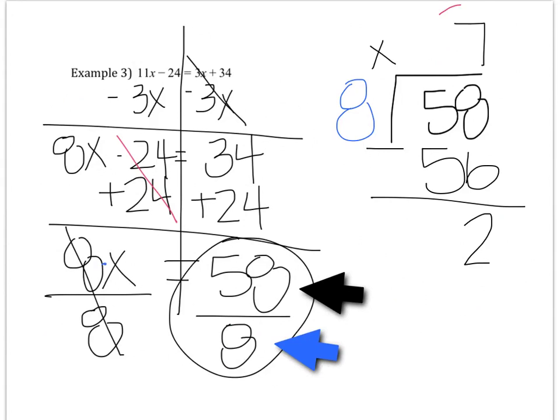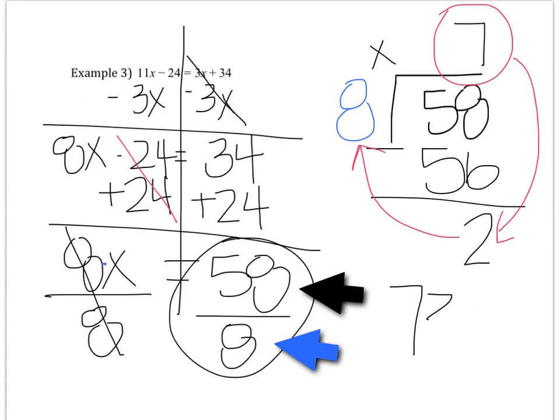So remember, you start with your quotient, you move to your remainder, and go to your divisor. So my answer is a mixed number, it's going to be 7 2/8. I would simplify 2/8, and I would get 7 1/4.